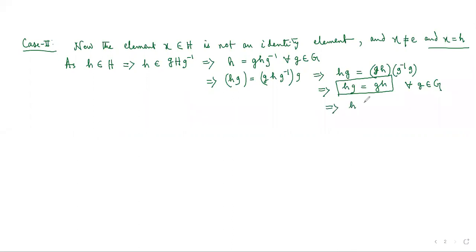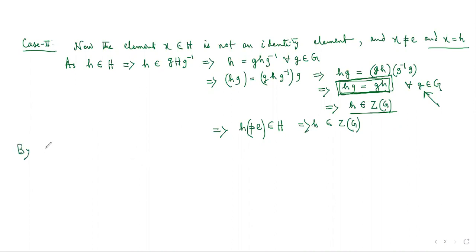And this implies that h belongs to Z(G). You have already guessed why it is so, because it is directly showing you that this result is true for all elements g of capital G, and therefore h must be in the center of the group. So here also in case 2, we started with a non-identity element of H, and we have come to know that this element is also in the set Z(G).